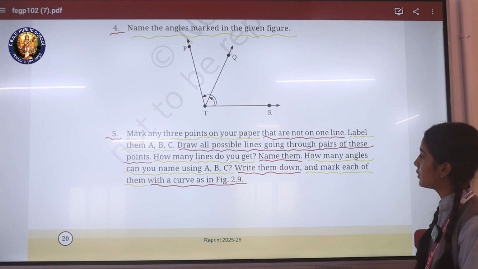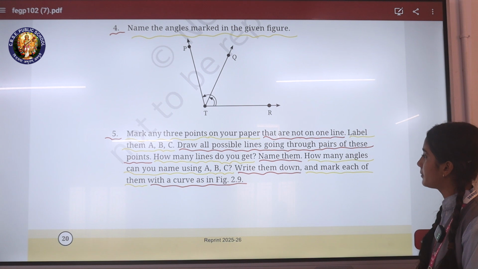How many lines do you get? Name them. How many angles can you name using A, B, C? Write them down, and mark each of them with a curve as in figure 2.9.